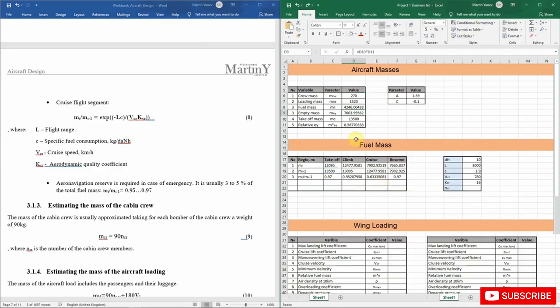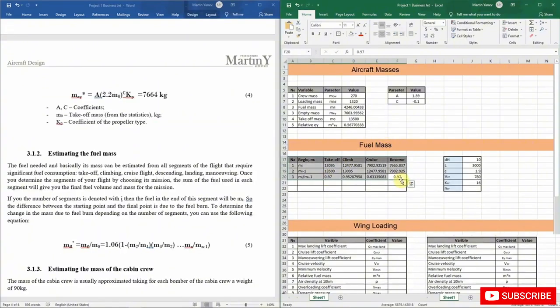Okay, so that was everything for today, guys. The final takeoff mass we're going to use for our aircraft is going to be changed to 15,000 kilograms.